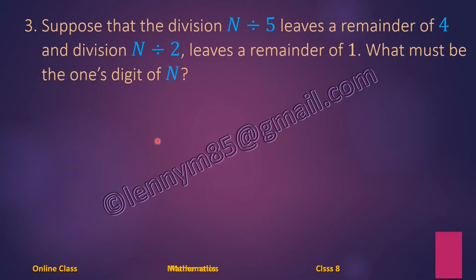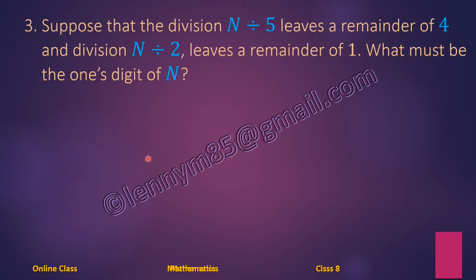Let us divide this problem into two cases, case 1 and case 2. Case 1, n divided by 5 leaves a remainder of 4. What must be the ones digit of n? And case 2, n divided by 2 leaves a remainder of 1.